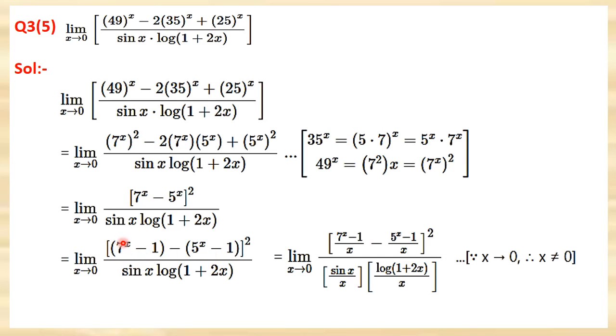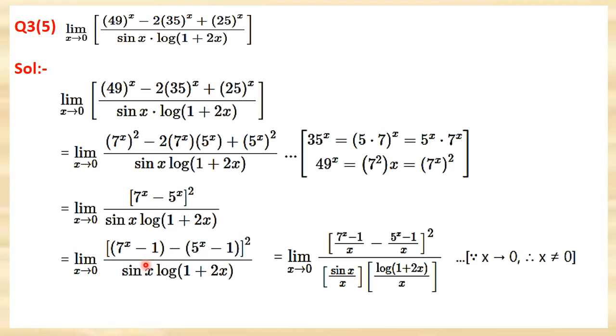That is, 7 raised to x minus 1 upon x we need. Similarly, 5 raised to x minus 1 upon x. To apply the general limit, the value of the limit of the general function of the form limit x tends to 0, 7 raised to x minus 1 upon x.